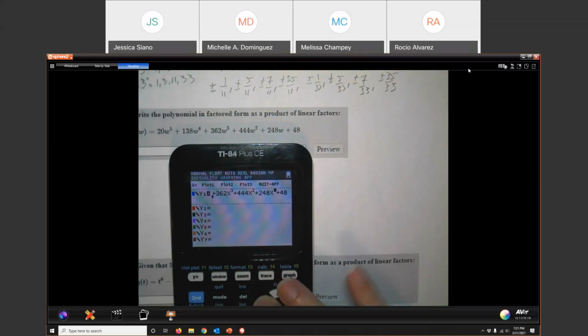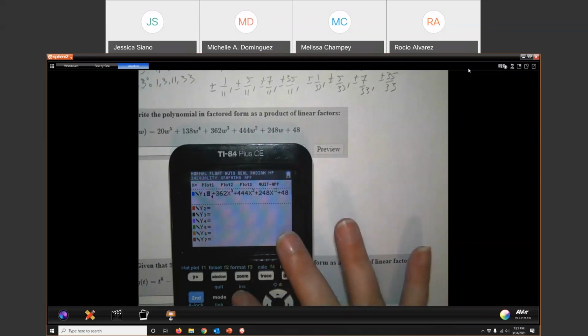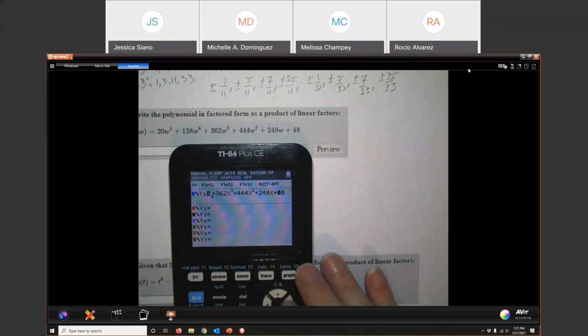I like to go through and double check these because I feel like I almost never get them right the first time. 20x to the fifth, 138x to the fourth, 362x to the third, 444x squared, 248x, 48.